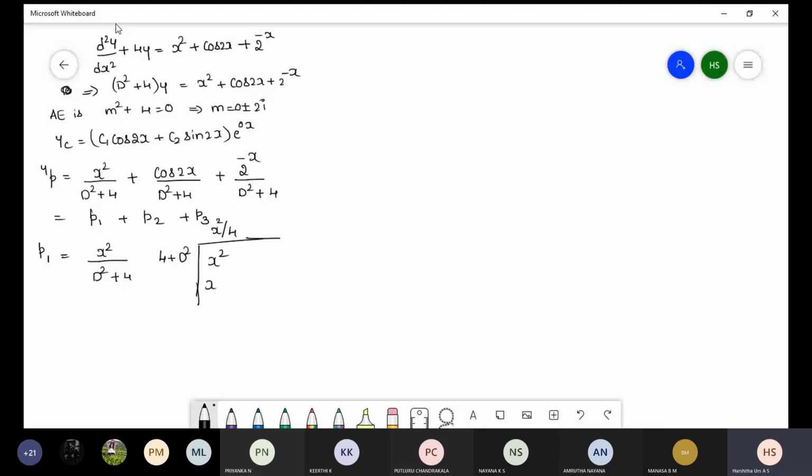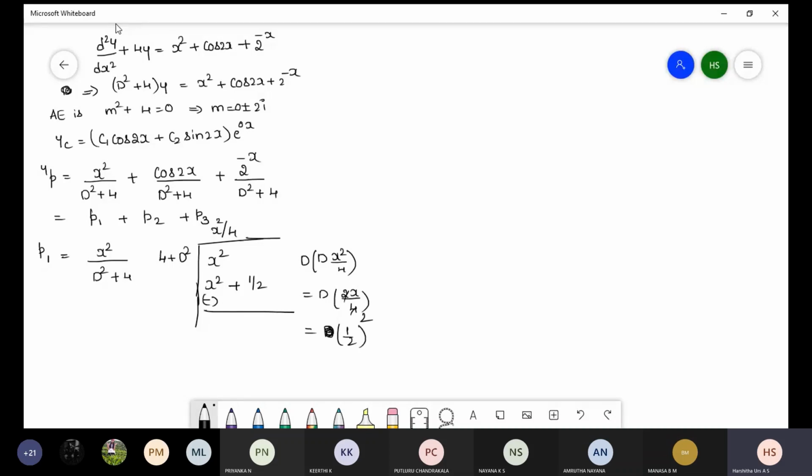We get x square plus double differentiation of x square by 4. So here first differentiation 2x divided by 4. 2 1s are 2, 2 2s are. Second differentiation is 1 by 2. So I write here 1 by 2.